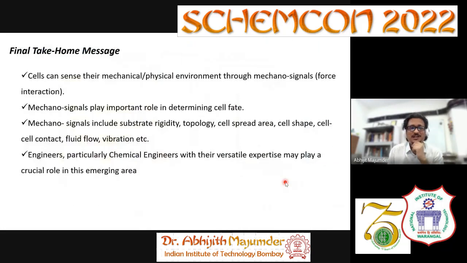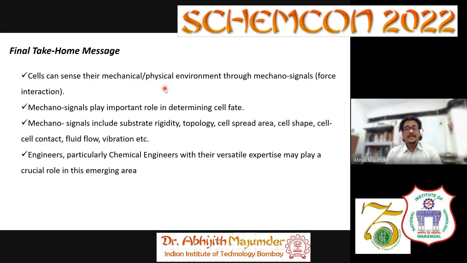But just to give you a nice conclusion at the end: cells can sense the mechanical physical environment through their mechanosignals, and such mechanical signals are very important for their functions. When we get diseases, for example cancer, the cancer tumors are generally stiffer. That is also used for diagnostic purposes, but also for the cancer to develop and to grow, it needs to become stiffer.